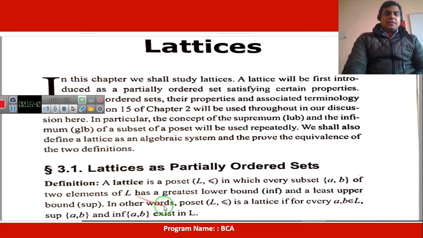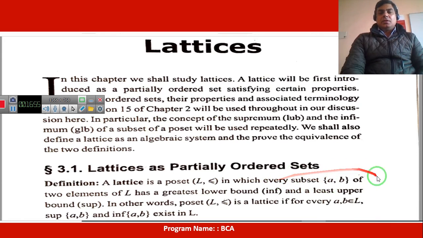A simple definition: a lattice is a partially ordered set, which we have already discussed, in which every pair of elements A, B of L has a greatest lower bound and a least upper bound, meaning they have a supremum and infimum. Then this partially ordered set is called a lattice.